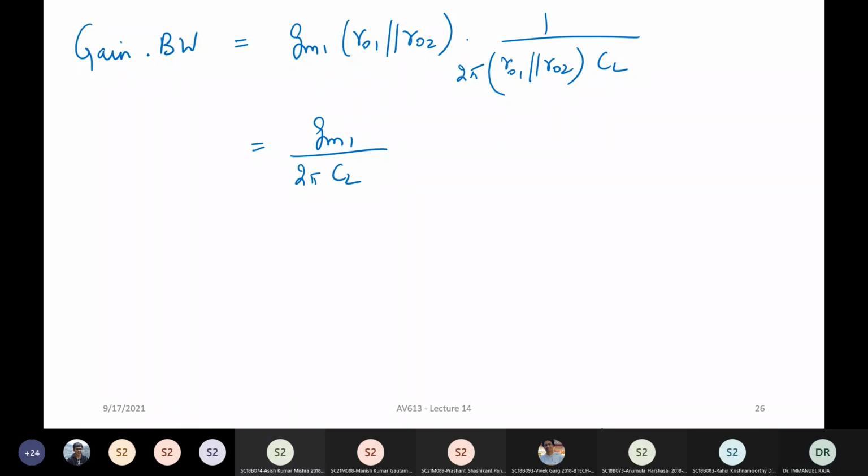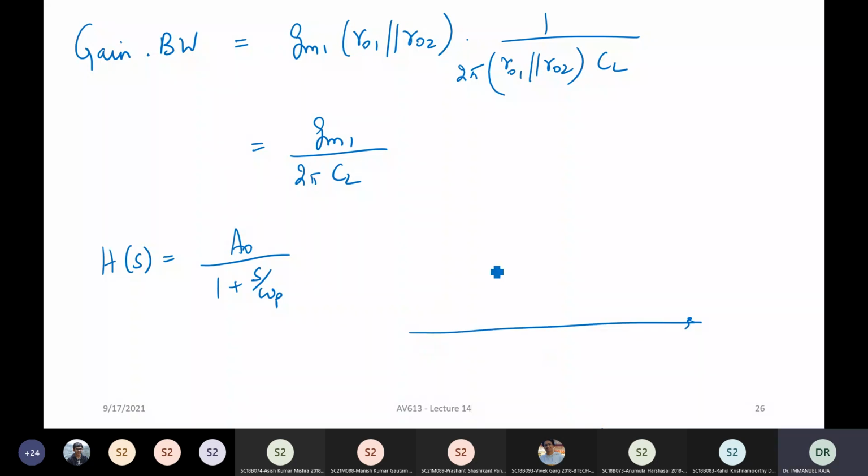Now, if you take a single pole system, what is a single pole system? Let's say H of S is given by A naught divided by 1 plus S by omega P. This is a single pole system, right? If you plot its response, if you do the Bode plot, what will you have? You'll have A naught here as the DC gain.